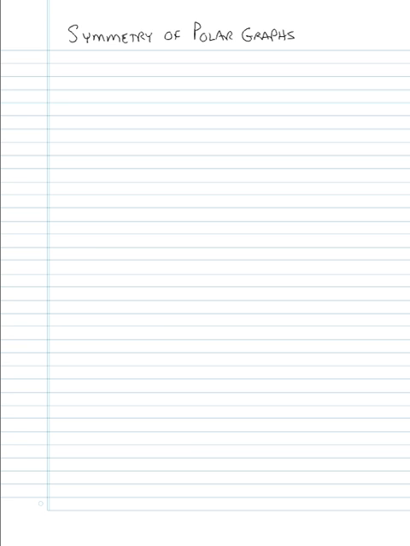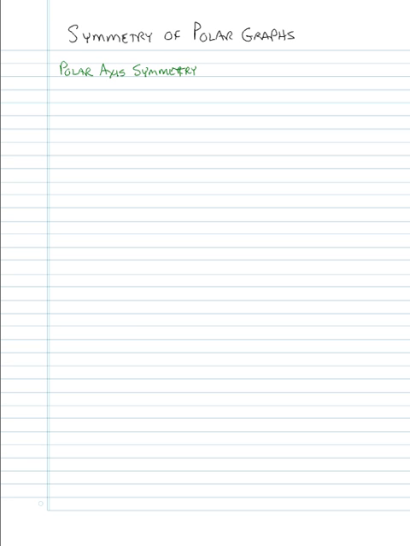There's two types of symmetry that I'm interested in us knowing about, and one is called polar axis symmetry. Look at it first. And you really might remember the polar axis is really the positive x-axis.